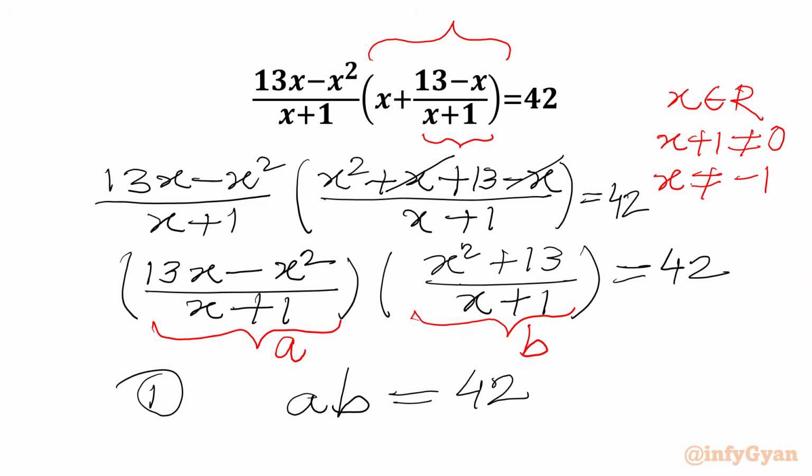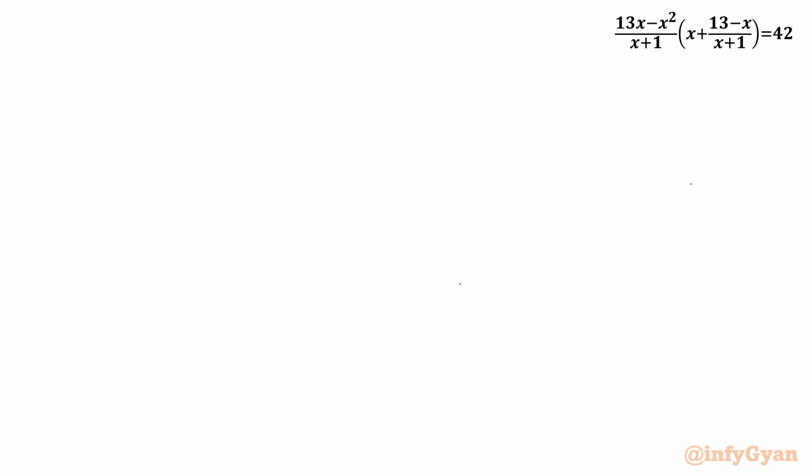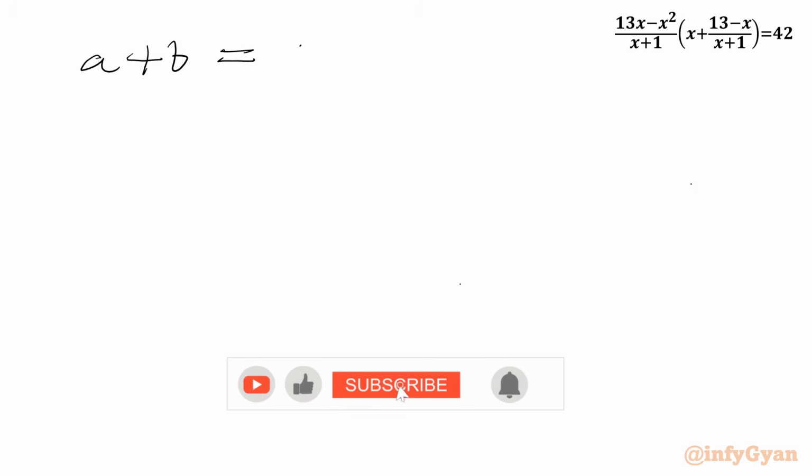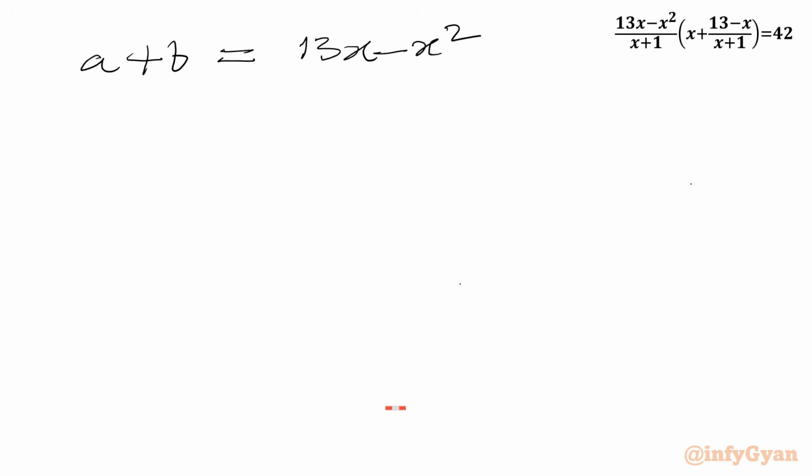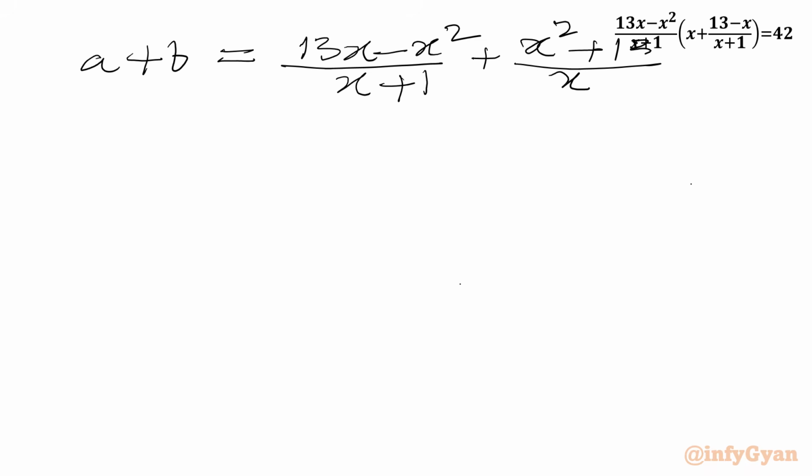Now we'll find a plus b. So we will write a plus b equal to the value of a, which is (13x minus x square) over (x plus 1), plus the value of b, (x square plus 13) over (x plus 1).